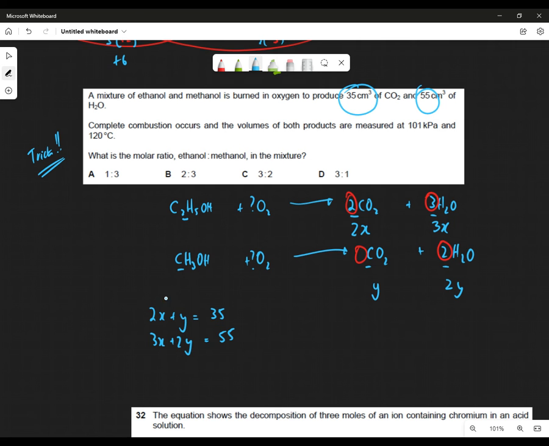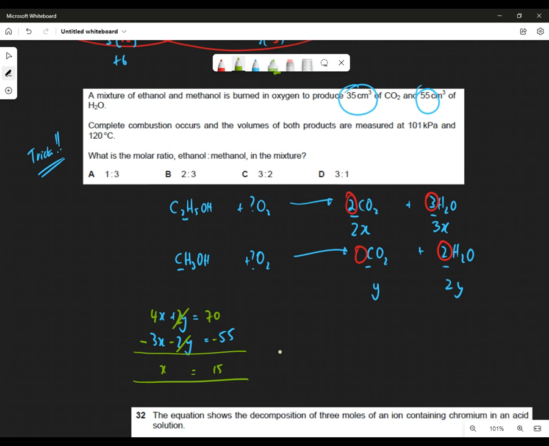I'm going to times the top one by 2, so this becomes 4X plus 2Y equals 70. Now I'm going to take the bottom one from the top one, and basically I'm getting rid of my Y's, so I get X is equal to 15.